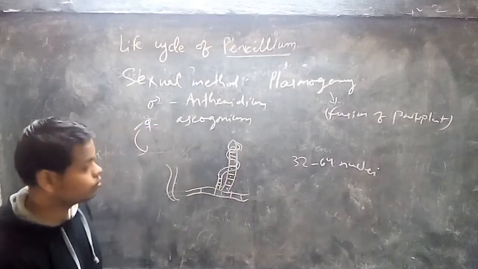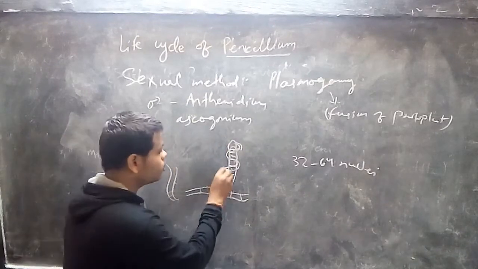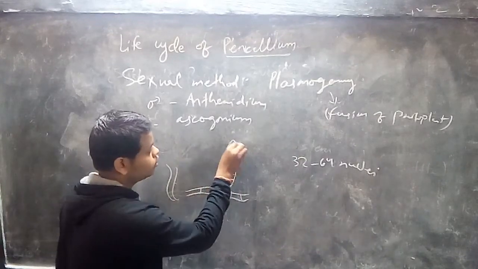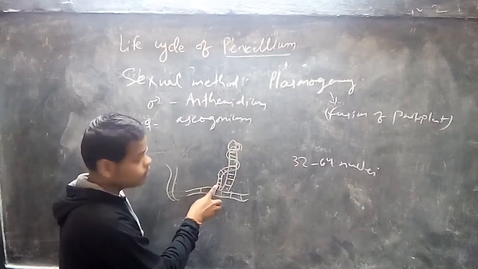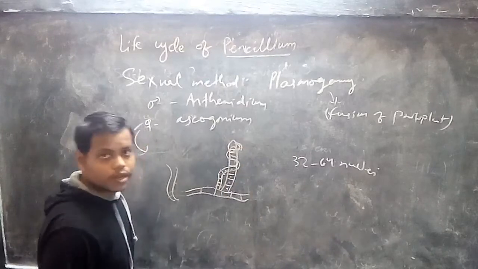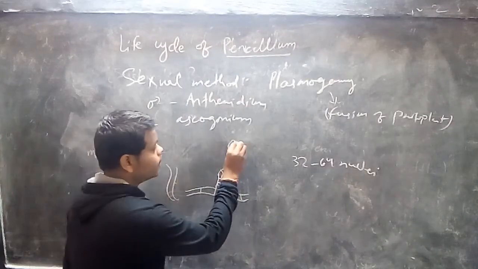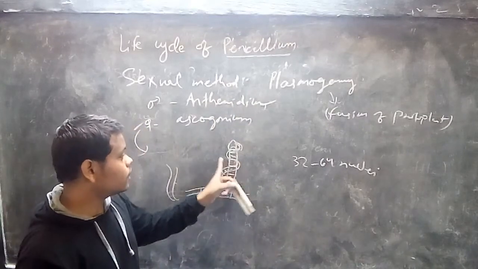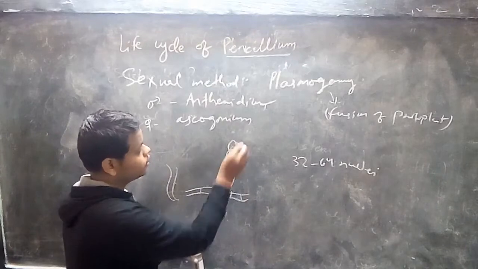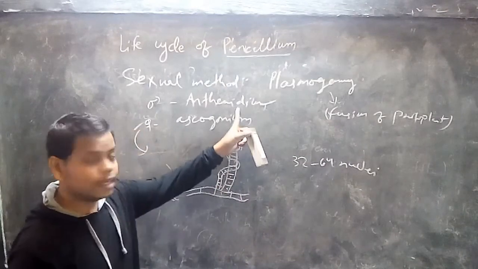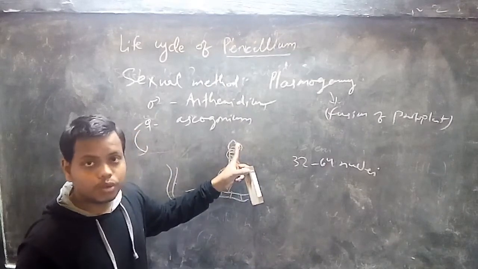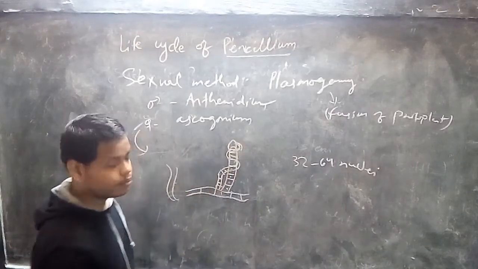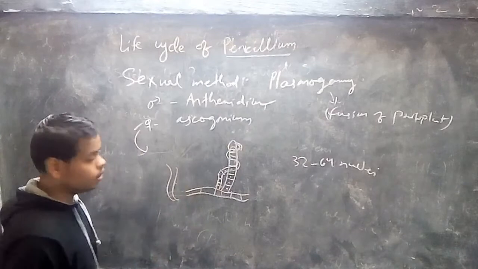Coils around the ascogonium. Now, after the coiling, the tip of the antheridium is detached from the main body part, and a large amount of protoplast and nuclei is deposited at that tip. Okay. After the antheridium coils around the ascogonium, in the tip of the antheridium a large amount of protoplast and nuclei is present, and that is separated from the main antheridium part.